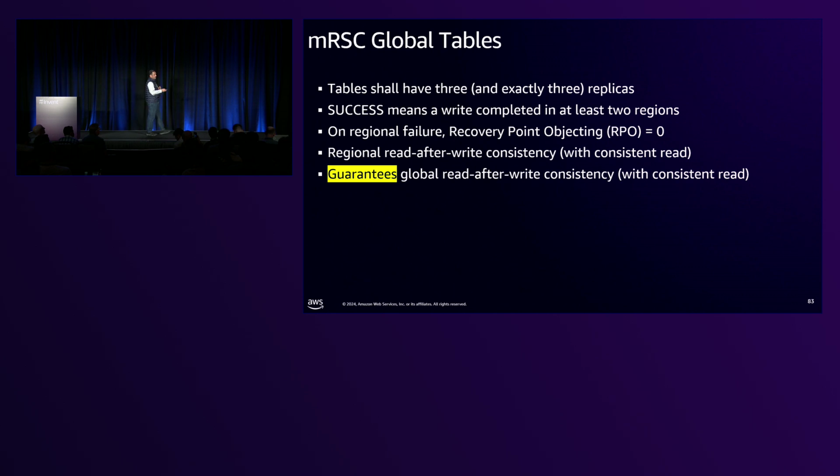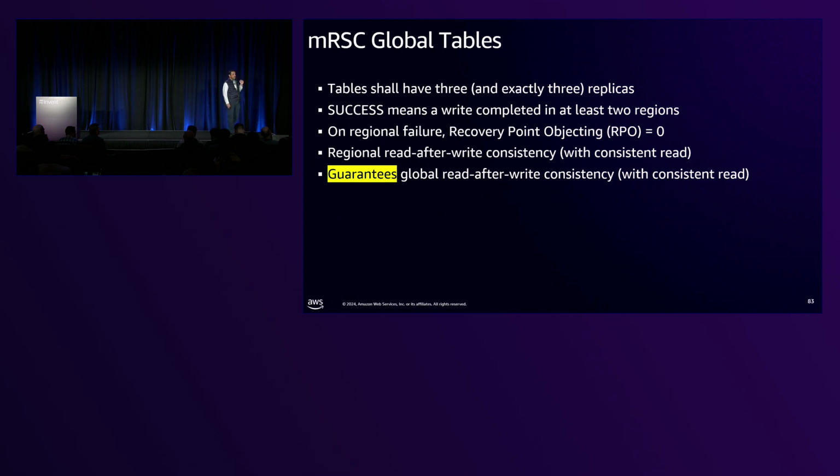When you do a write in any region and you receive success, it is guaranteed that your data is durably recorded in 2 regions. Maybe in the log in 2 regions, but it is durably in 2 regions. It will asynchronously be written to your tables. But if one of the regions were isolated, your RPO guarantee is still 0.